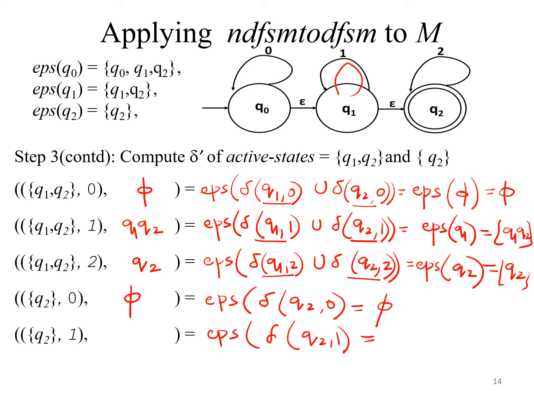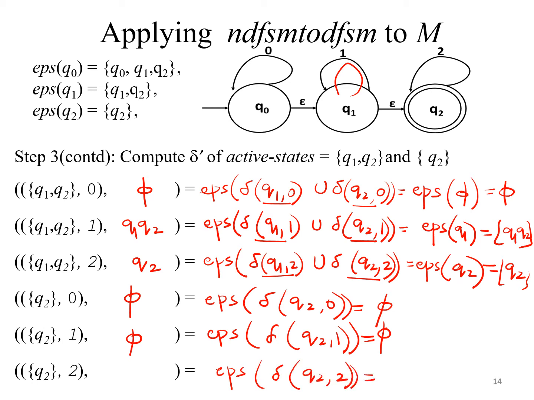Again Q2, 1 we don't have any transition, so it is null. Last, Q2, 2 is equal to EPS of delta of Q2, 2. That is equal to EPS of Q2, which is nothing but Q2. So Q2, 2 is going to state Q2.